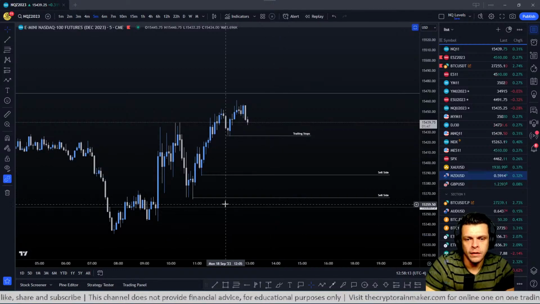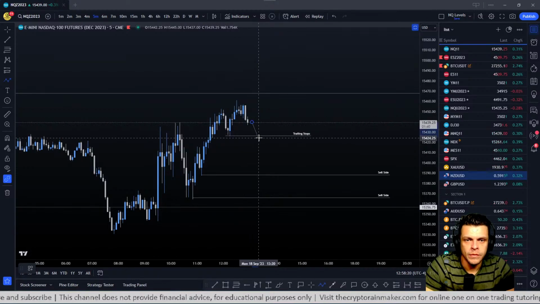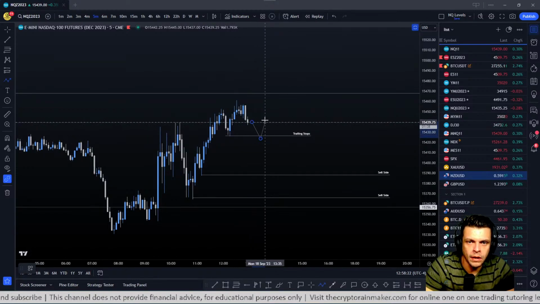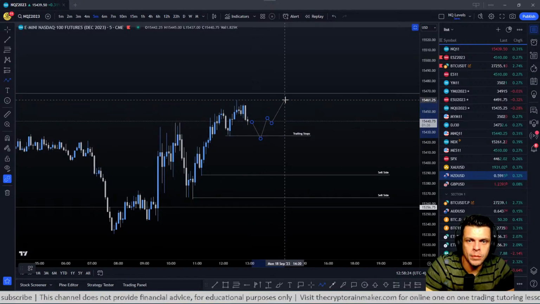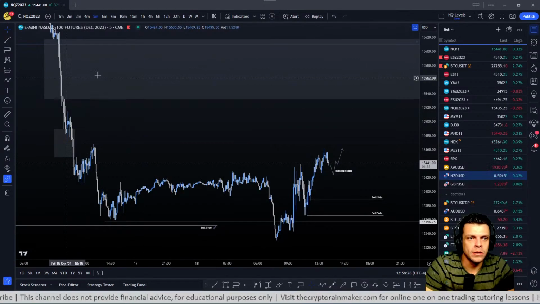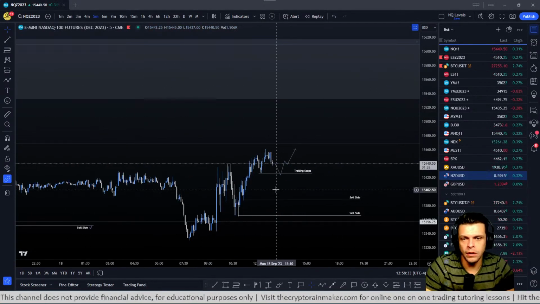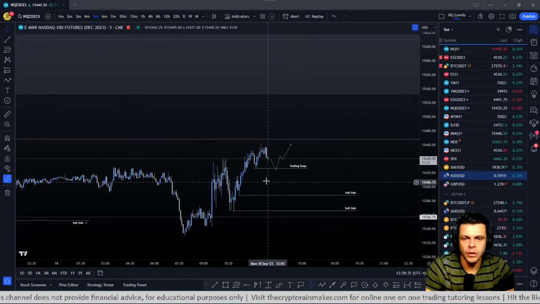Okay, so if they come into this area, but there's no displacement, so they just kind of tap into it and then start to displace to the upside, then that will be your indication that they want to see this level repriced today. So that's kind of the three things that I will be looking for.